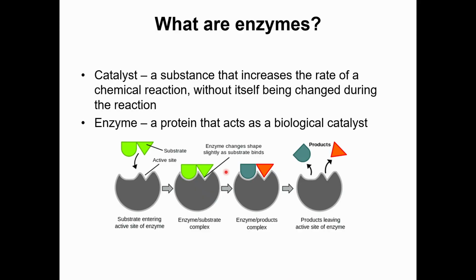So what are enzymes? They are biological catalysts. A catalyst is any substance that increases the rate of a chemical reaction and is itself not changed by the reaction. An enzyme fits that definition, but the terminology you really need is right here on this slide. I want you to understand what a substrate is and what a product is.